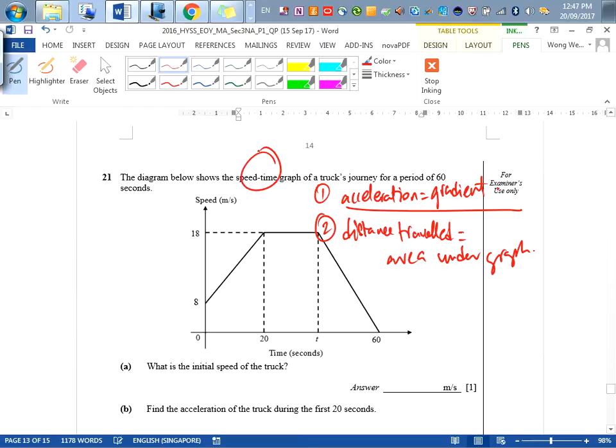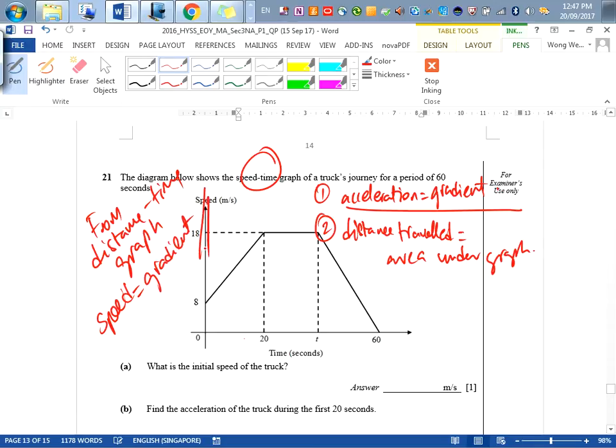Can we do the same for our distance time graph? From distance time graph, what can we tell? We can tell the speed equals to gradient. That's all, nothing else.